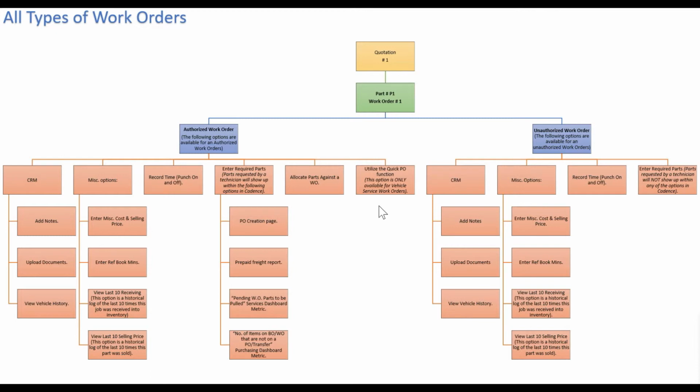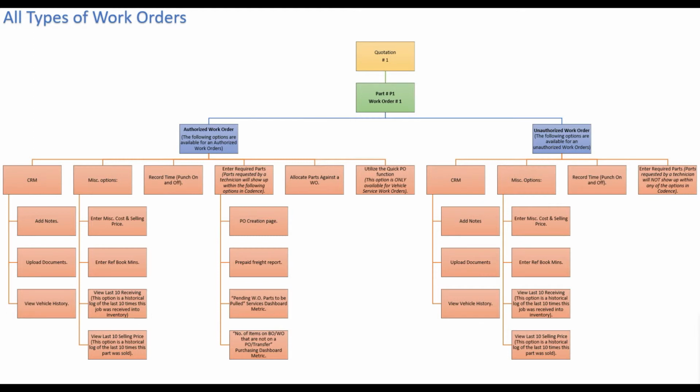Also, if it's a vehicle service work order, there's an option that's available only for vehicle service work orders where you can almost create a quick PO within the work order itself. You can enter in your vendor, your description of your parts, the part that you need, the cost from the vendor, etc., and the system would check the validity of the parts entered onto this form.